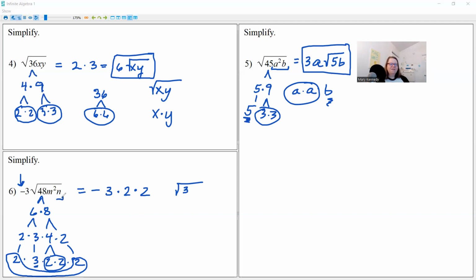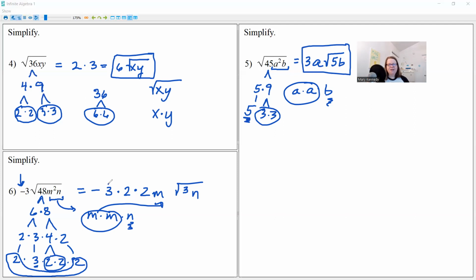All right, go back to the letters. I had m squared, which is m times m, and then n is just one n. There's just one. So I have a pair of m's. That means that that is a perfect square. So I have an m. Square root of m squared is just m. And then I have this n left over. So n stays underneath.